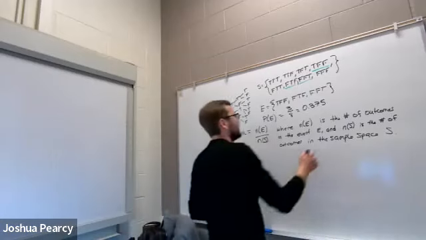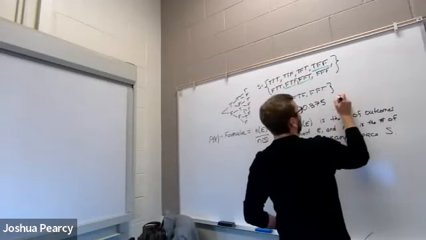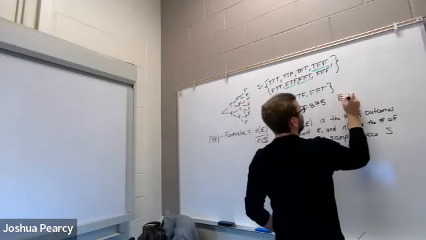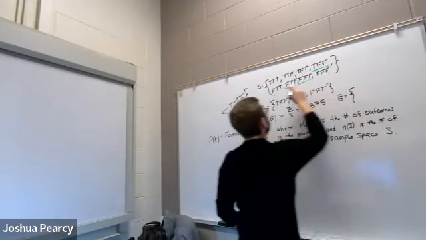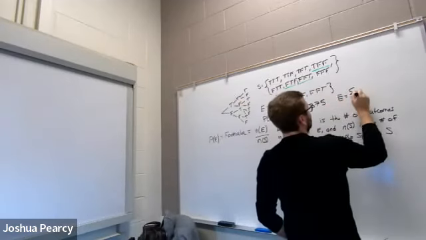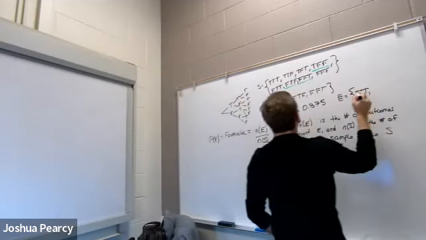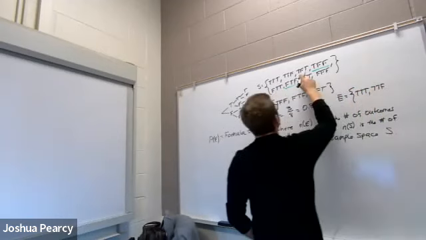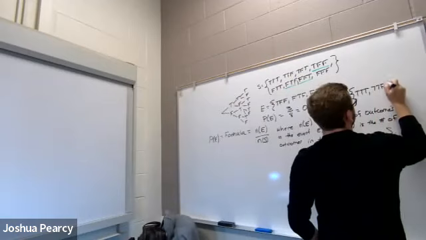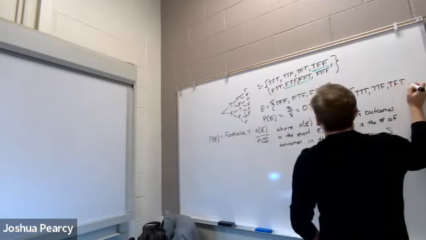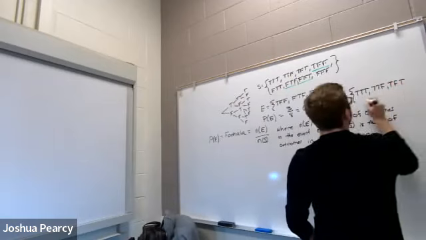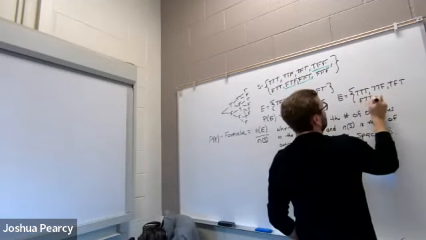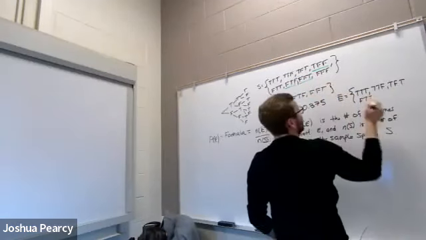So then if we are looking at E bar, the complement, then those would be true, true, true, true, true, false, true, false, true, false, true, true, and false, false, false.